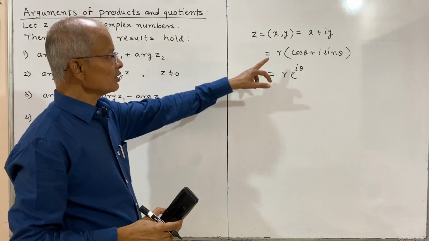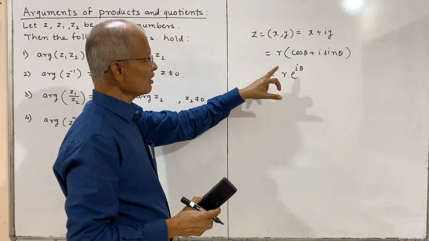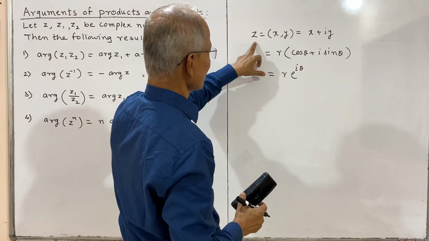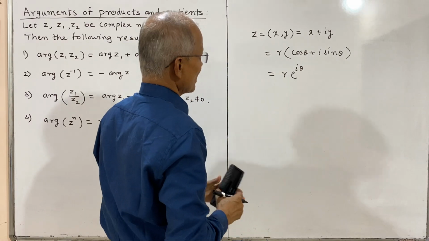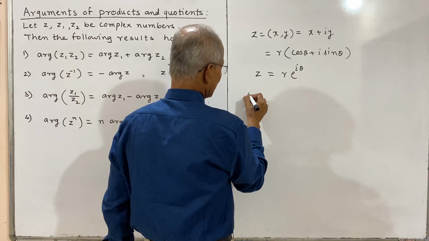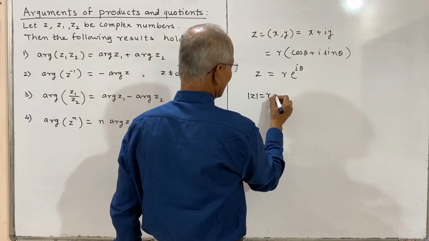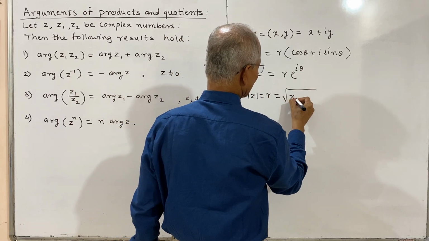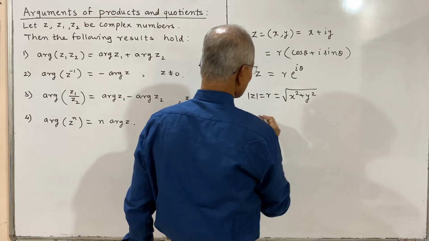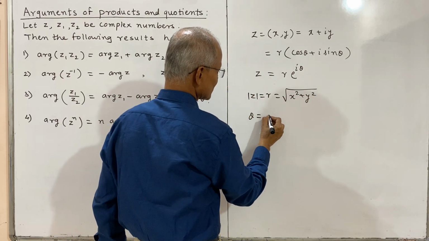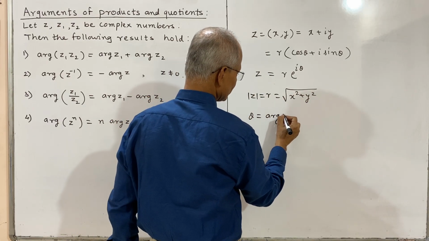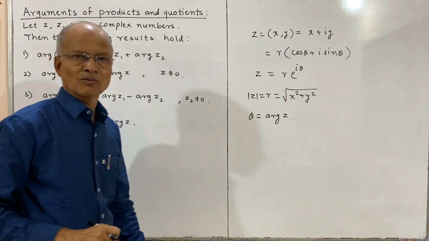In these expressions, r is called the absolute value of z or modulus of z, that is, mod z is equal to r, which is the square root of x squared plus y squared, and theta is the argument of z.